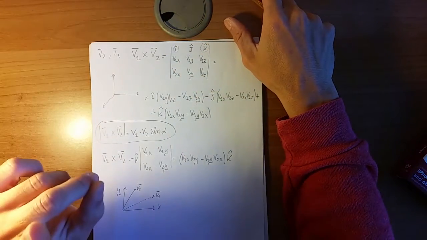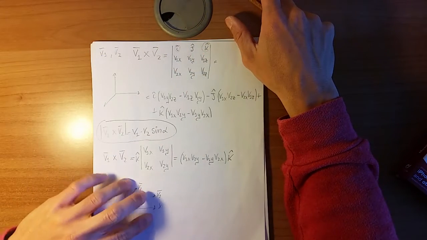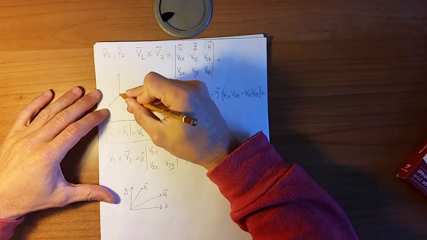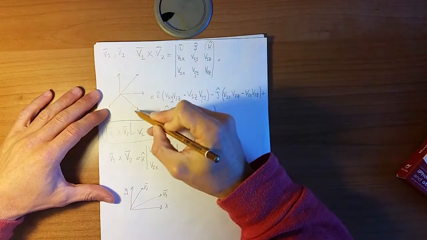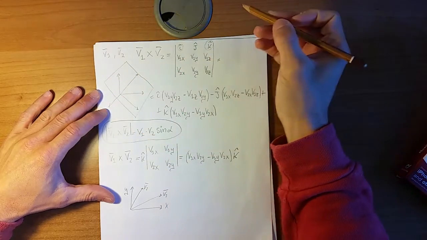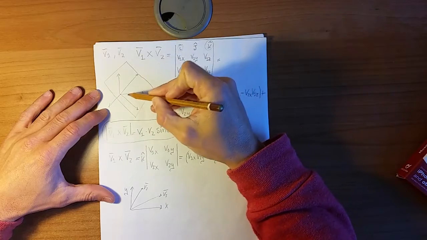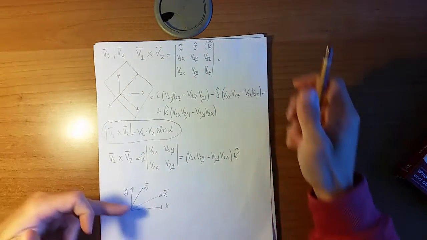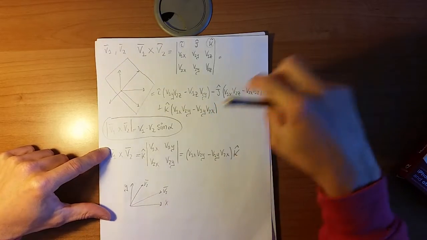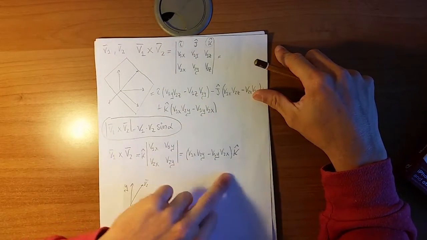And never mind, because I can always find a plane over which those two vectors lie. Even if the vectors are not on a plane, I can draw a plane, and this plane can contain those two vectors. And then I can call that plane the xy plane. So I can always reduce myself to this kind of situation.